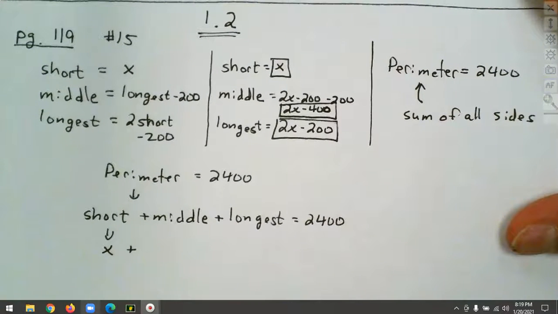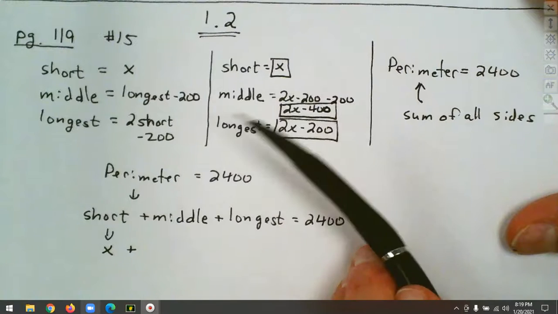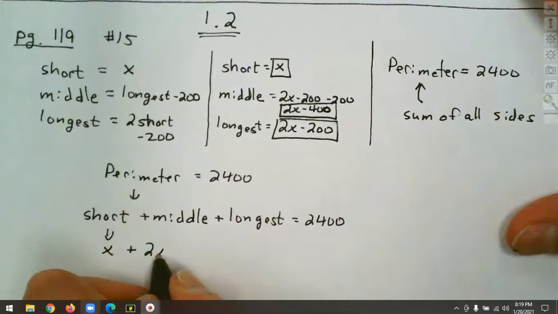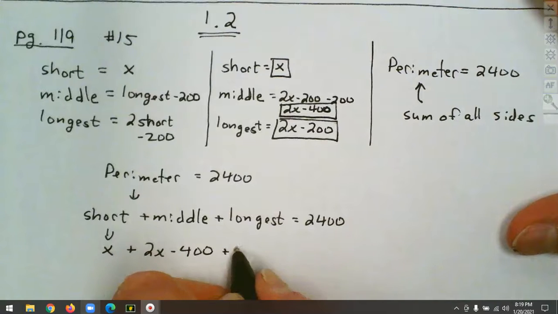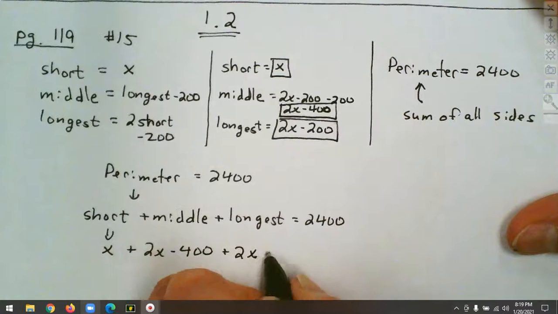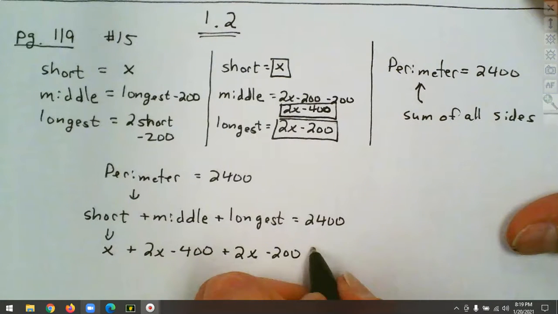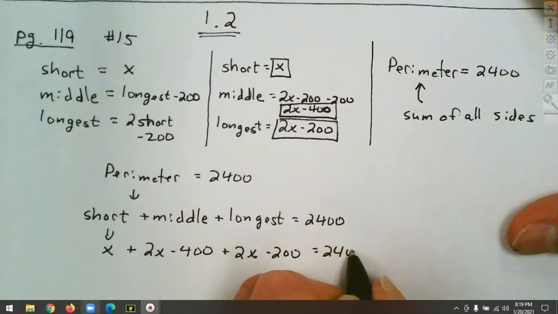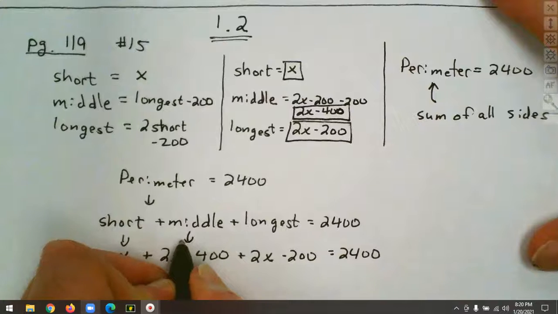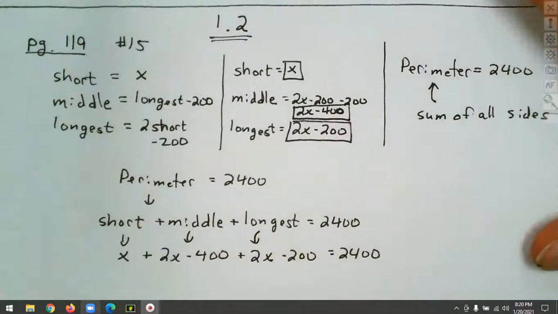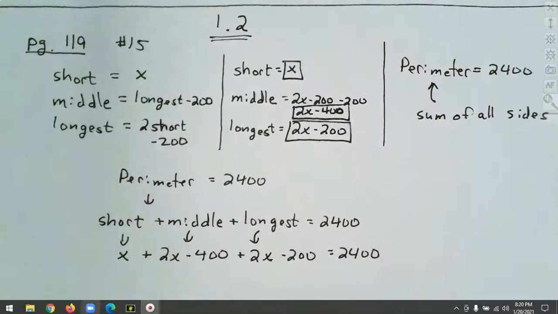We know the middle side, when we worked it out, was 2x minus 400. And then we know our longest side is 2x minus 200. And that still equals now our 2,400. And we should be able to combine like terms and solve it.